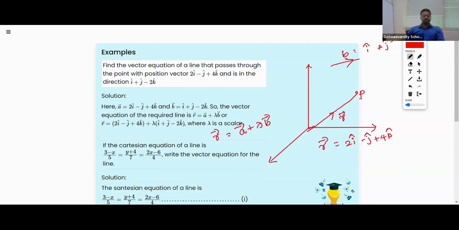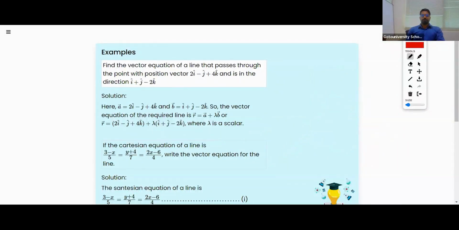Am I right? So how do you do this? Vector A is given already. This is not the one we are finding out; the given position vector is here. It is A actually. So A is 2i minus j plus 4k.